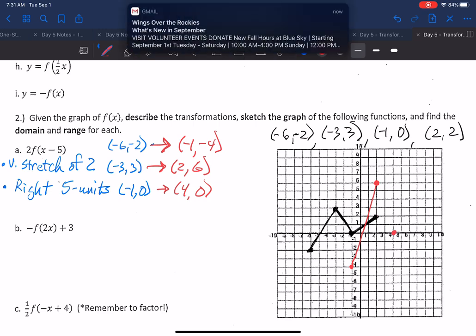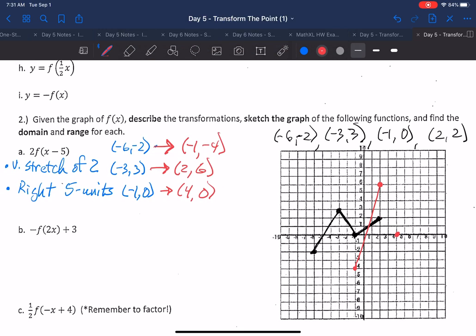And let's just do the fourth point, (2, 2). I'm going to transform that by adding 5 to 2, which is 7, and 2 times 2 is 4. I just did the same thing every time. So (7, 4) looks like it's right there.